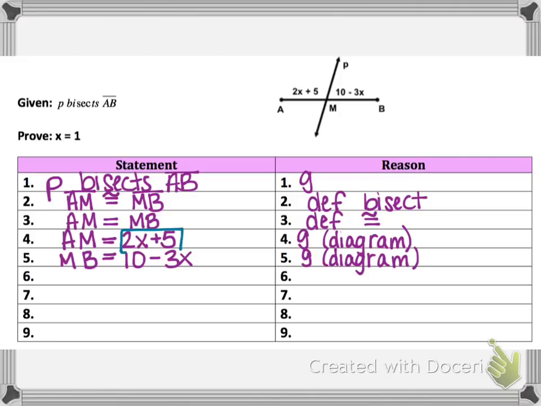So I'll take what AM is equal to and put it in for AM, and I will take what MB is equal to and put it in for MB. So then I end up with 2x plus 5 equals 10 minus 3x. So when I put in something for something else, that's called substitution.